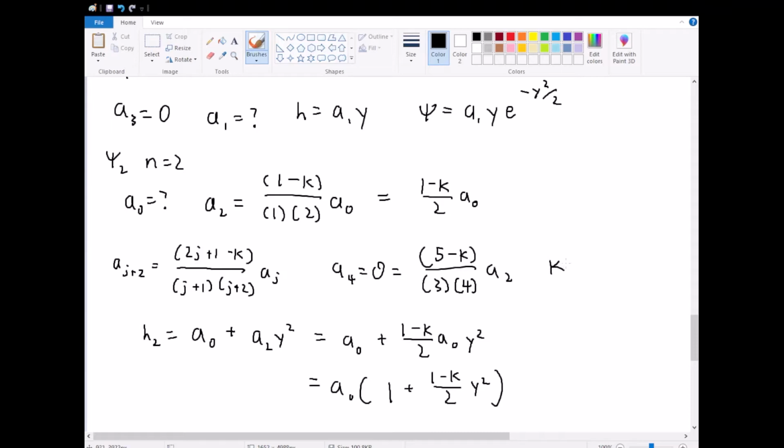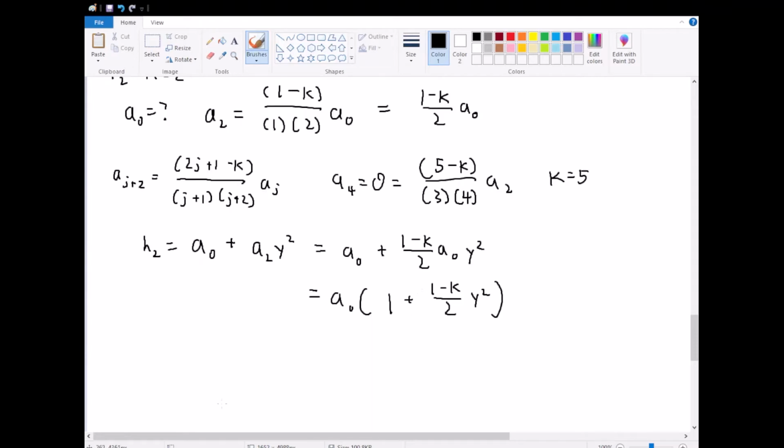So k has to equal 5. That means 1 minus k is negative 4. So this equals a naught times 1 minus 2y squared. Therefore psi is going to equal h of 2 multiplied by the exponential, so this is a naught times 1 minus 2y squared times e to the negative y squared over 2.